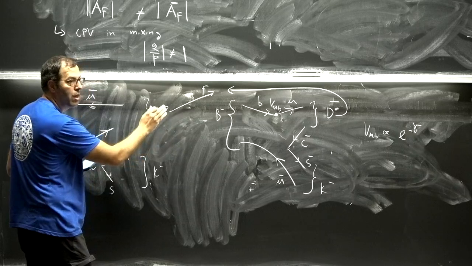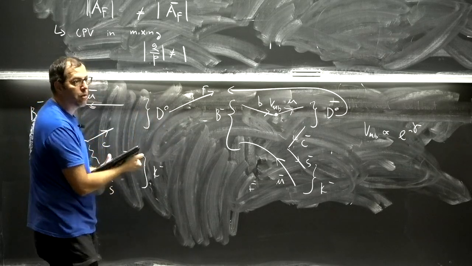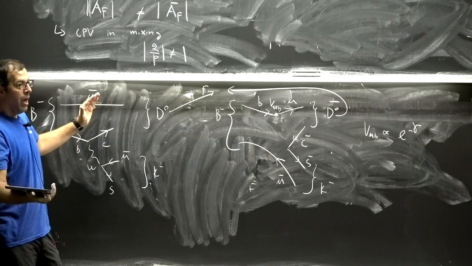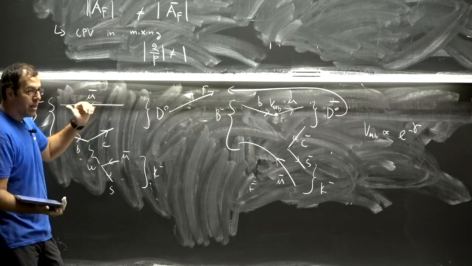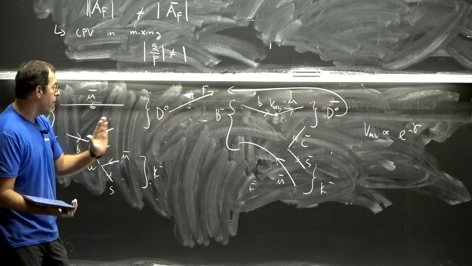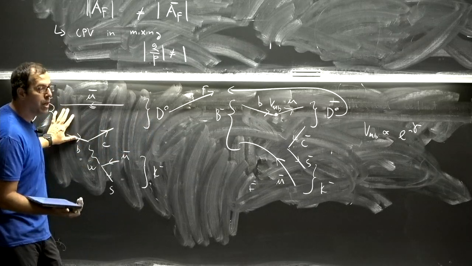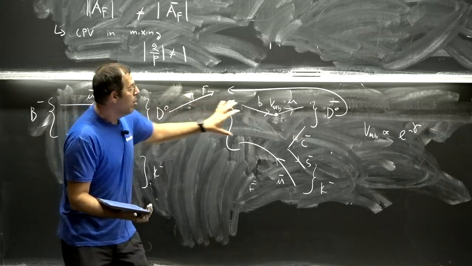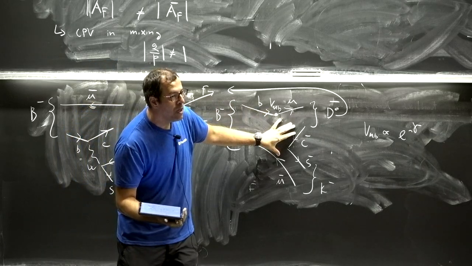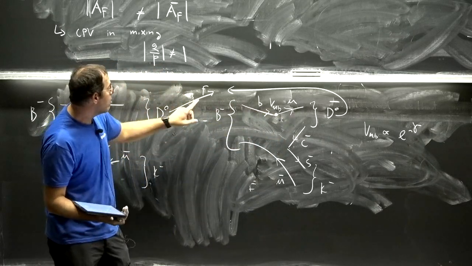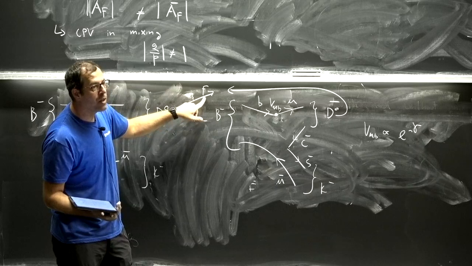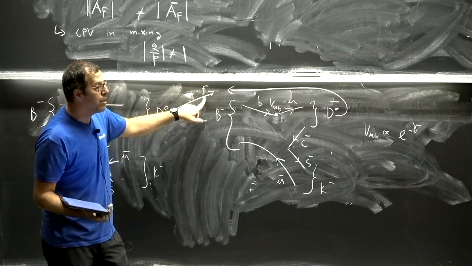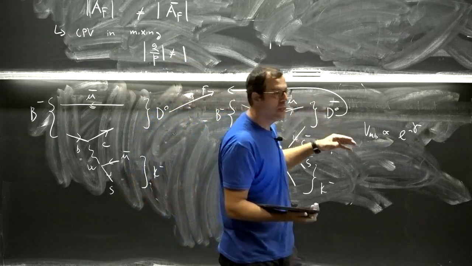Right? It's like the narrow width approximation, if you remember, but at the amplitude level. So that's number one, that I have the product of the B decay amplitude times the D decay amplitude, plus the same from here. And then the second ingredient is you can have many different final states F sitting here that will come with different strong phases.